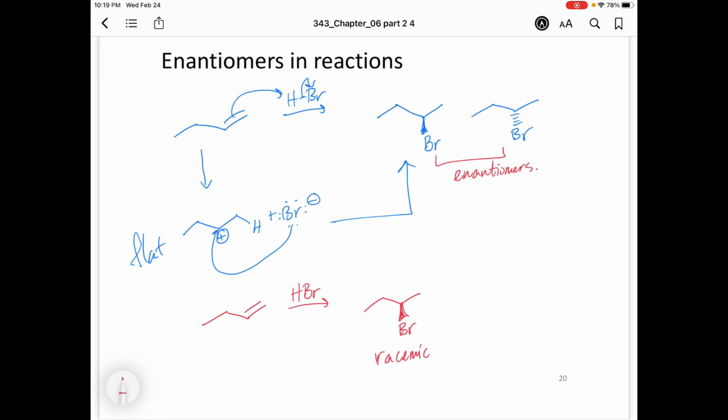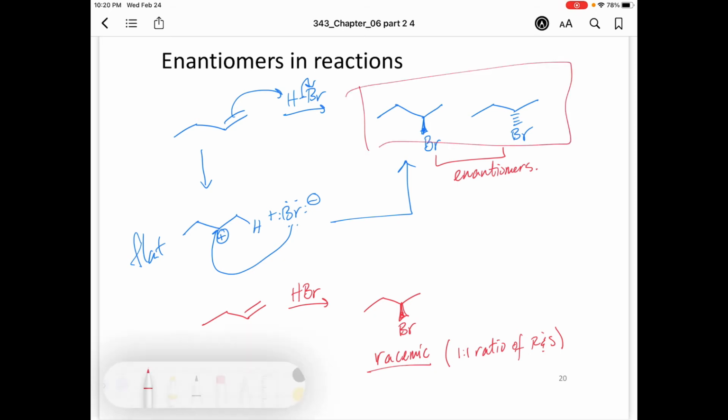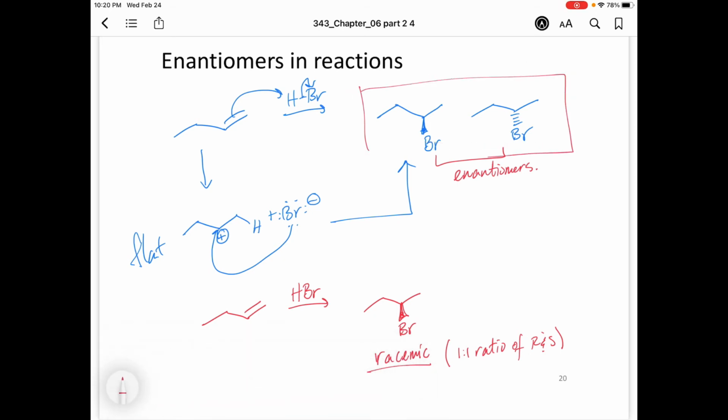By drawing one of the enantiomers and writing racemic, remember racemic means a 1-to-1 ratio of R and S, okay? So for the answer for predict the product, you could write both of them, or you could just write one and write racemic underneath it, okay?